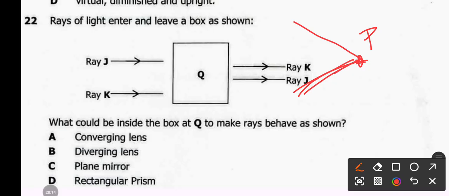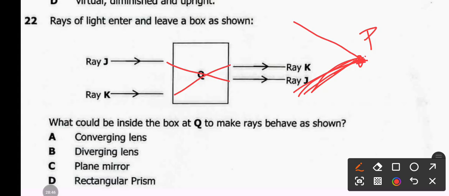So in this case, ray K is appearing on top, and ray J is appearing at the bottom of ray K. So we can clearly see that box Q is not a converging lens because the light rays are not directed onto a point.